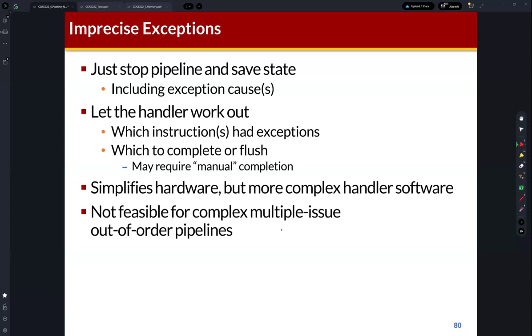Imprecise exceptions mean the exceptions are not handled in the order of instructions, right? Then it is called the imprecise exception. But in this case, the exceptions also need to be handled. The imprecise exceptions are handled in a software manner, by operating systems, right?